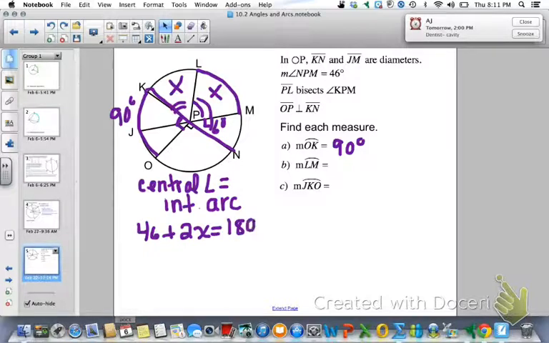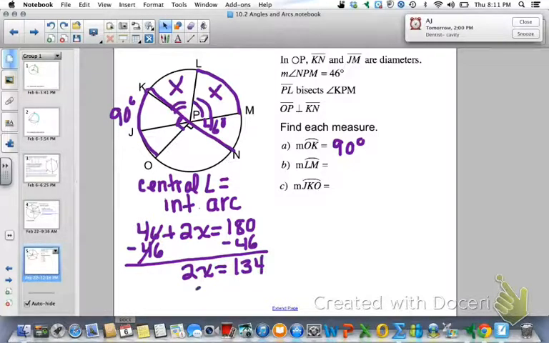I'm going to subtract my 46 from both sides. And when I subtract that, I get 134. So 2x equals 134. And when you divide by 2, you should get x equals 67 degrees. Well, if the angle is 67 degrees, and that's a central angle, then its intercepted arc is also 67 degrees.